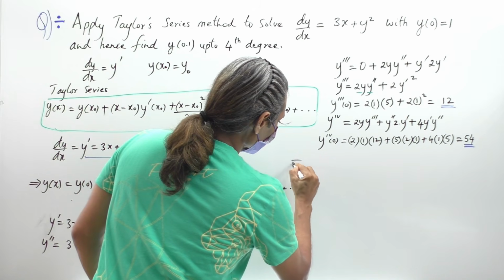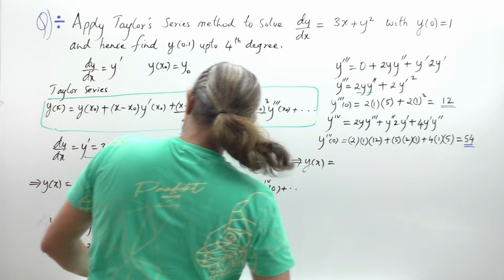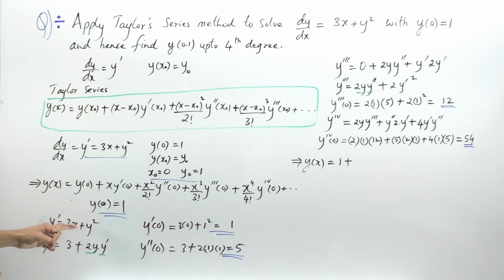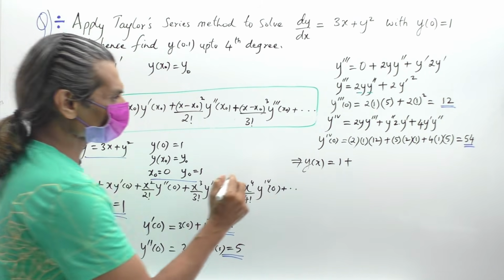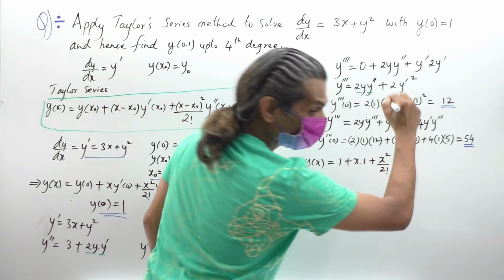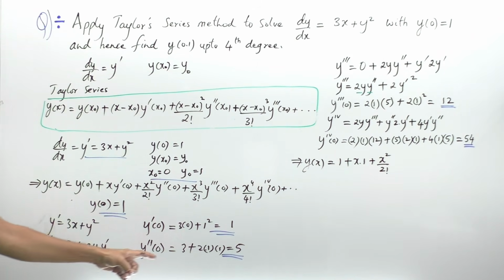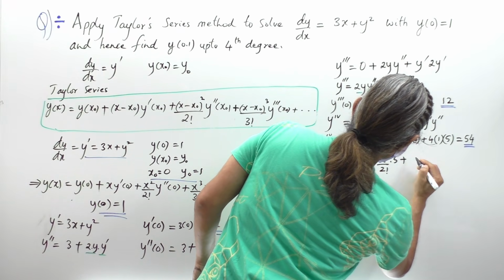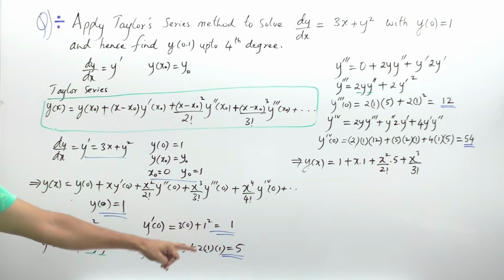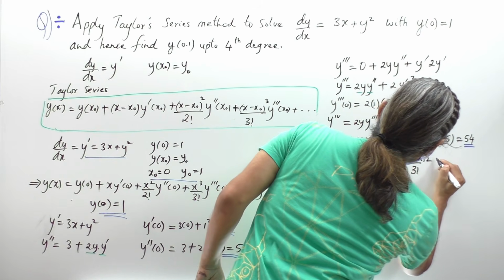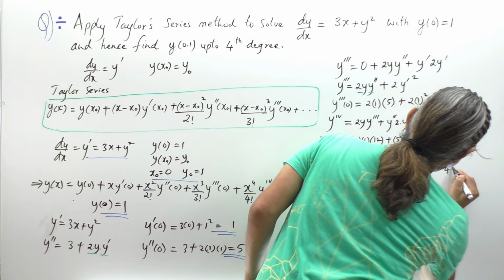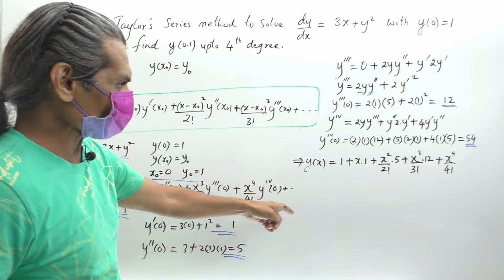Therefore, the expansion is y of x equals y of 0, which is 1, plus x into y dash, which is again 1, so x into 1, plus x square by 2 factorial into y double dash, which is 5, plus x cube over 3 factorial into y triple dash, which is 12, plus x raised to 4 over 4 factorial into y4 of 0, which is 54.